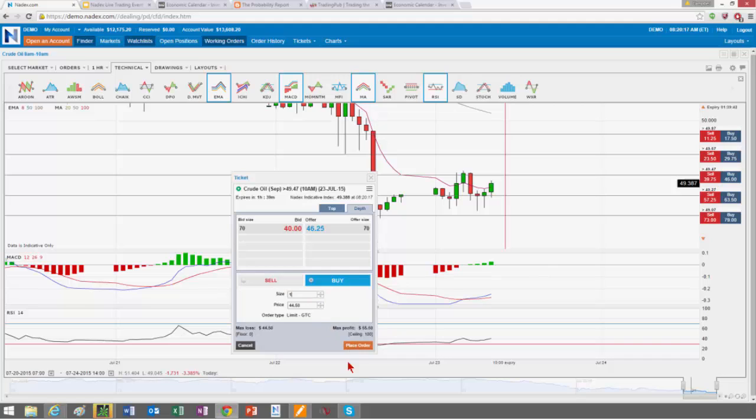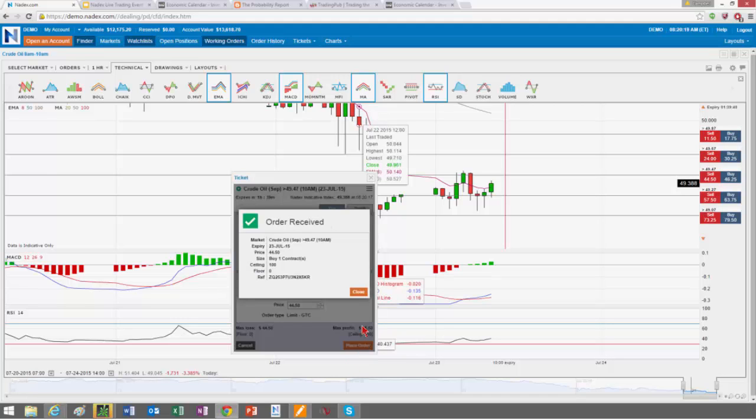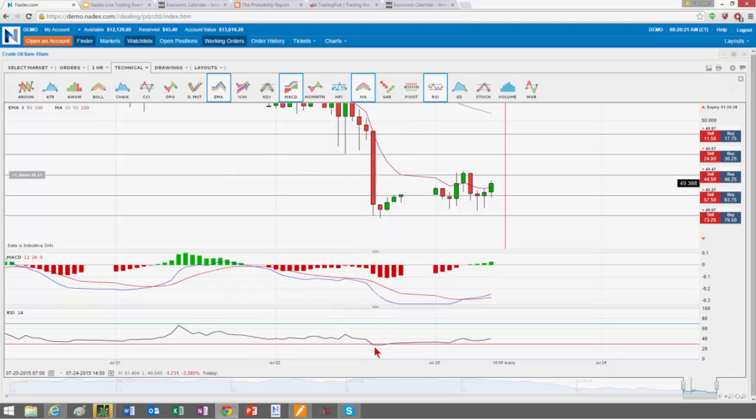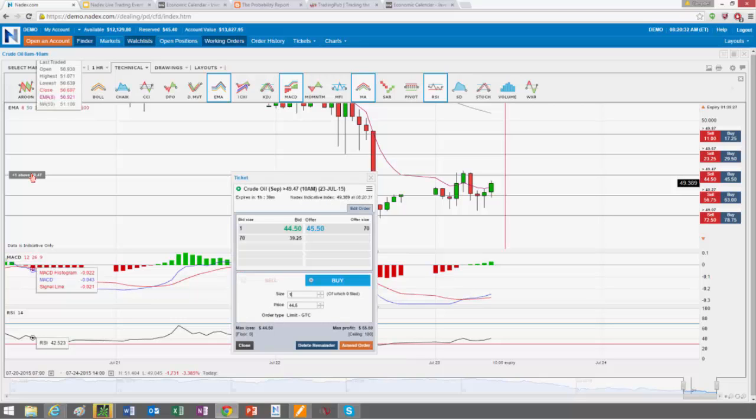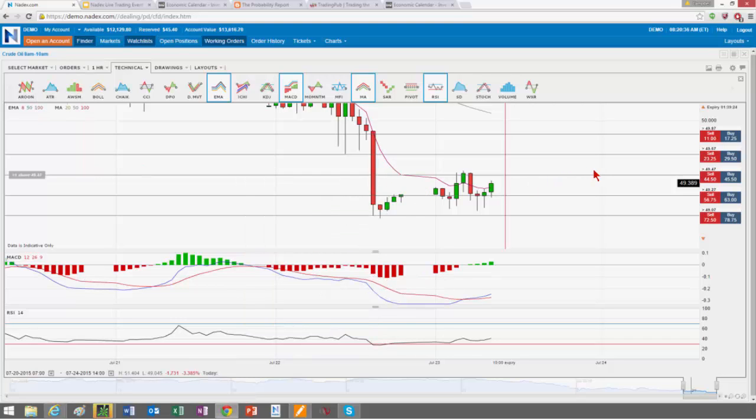I'll put in one contract to buy. It says 46 now. Where did I have it? At 44.50. I'll let it stay there, see if the market will tick back and pick me up.